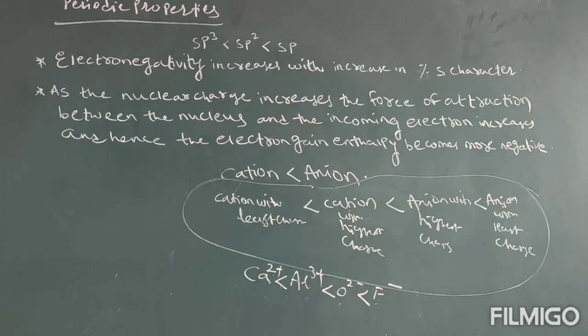Electronegativity increases with the percentage of S character. That is important. Now we will have some points regarding the coinage metals and again regarding electron affinity.